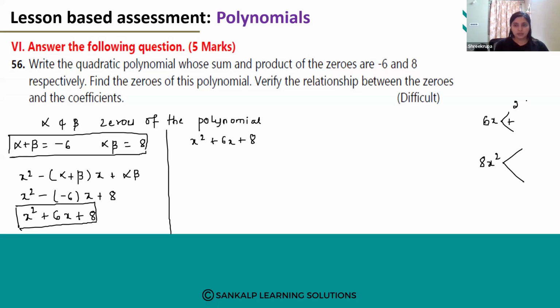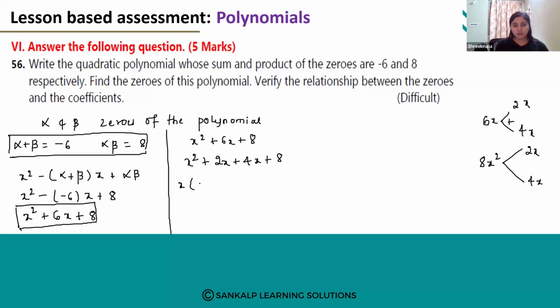If we take 2x and 4x, their sum will be 6x and their product, 2x multiplied by 4x, will become 8x square. So the terms are 2x and 4x. That's how we split this middle term.